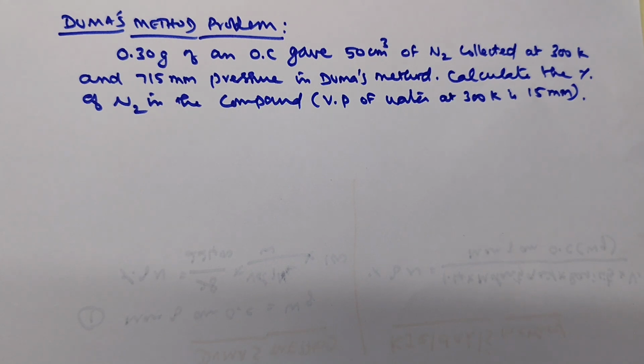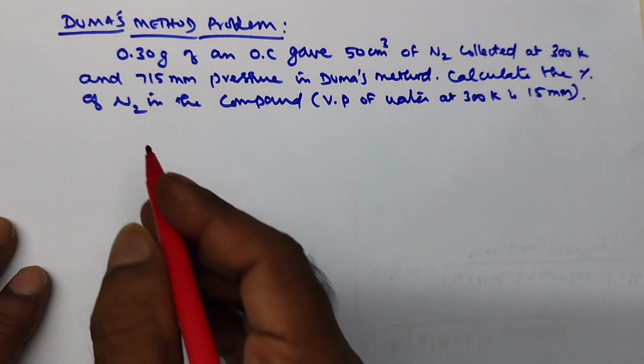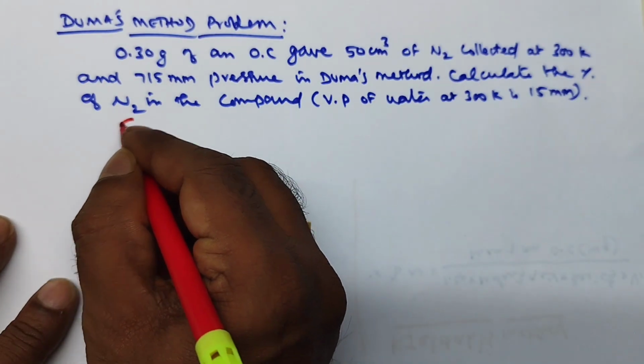Calculate the percentage of nitrogen in the compound. The vapor pressure of water at 300 Kelvin is 15 mm of mercury. So what are the data given here? First you have to write the given data.